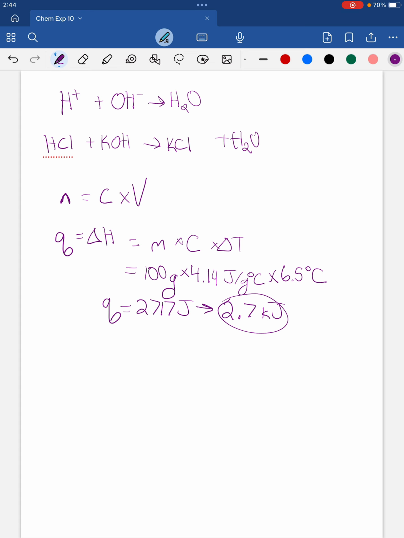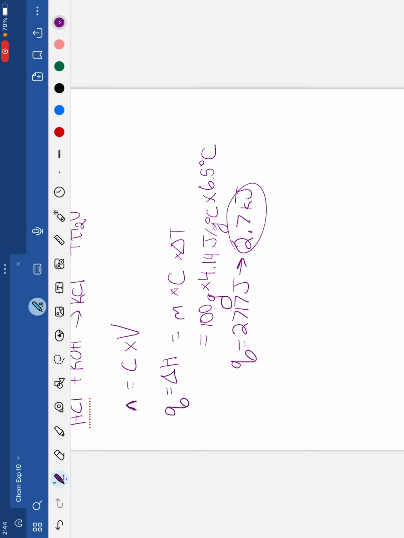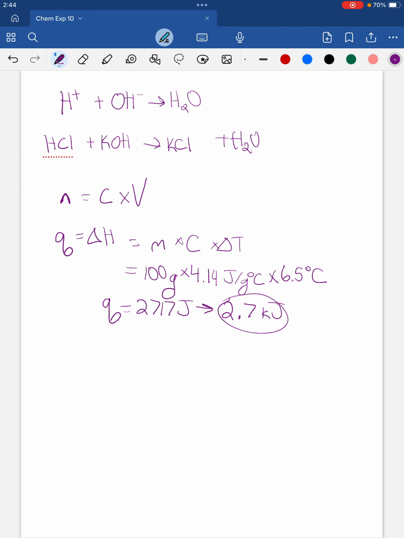Now, to find our change in enthalpy, we want to do kilojoules divided by number of moles. That's why we're finding a number of moles here.